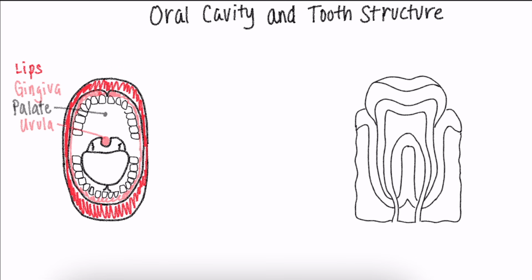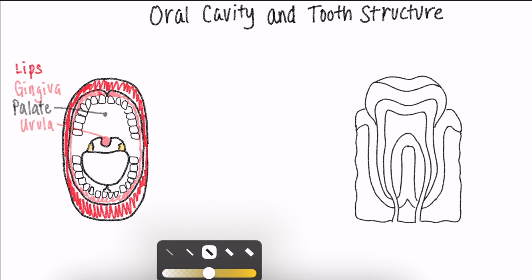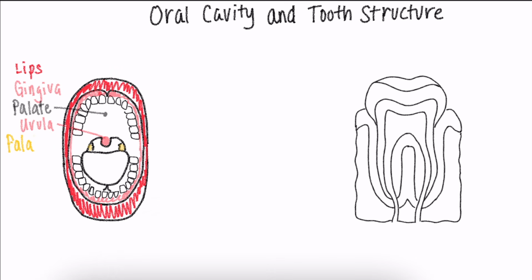Then I'm going to use yellow and color these tonsils at the back of the throat. These are the palatine tonsils. If you've ever had strep throat, these are what get the white patches on them. And they're meant to guard the entrance to your digestive system from pathogens that are trying to enter.